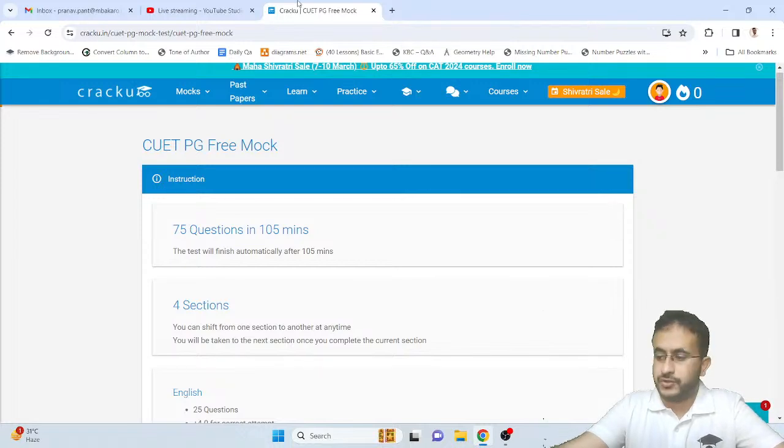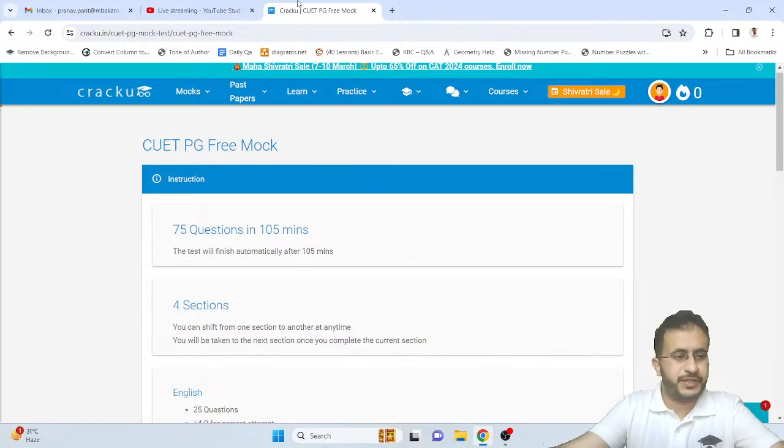decently in this. So I've chosen the Cracku mock for this, and it was suggested by some of my students. Of course, we ourselves provide mocks for CUET, but I won't be attempting our own mock. Since I'll be aware of the questions, I myself have seen those questions, so that's why I'm taking up this Cracku mock, and this is a free mock by them.